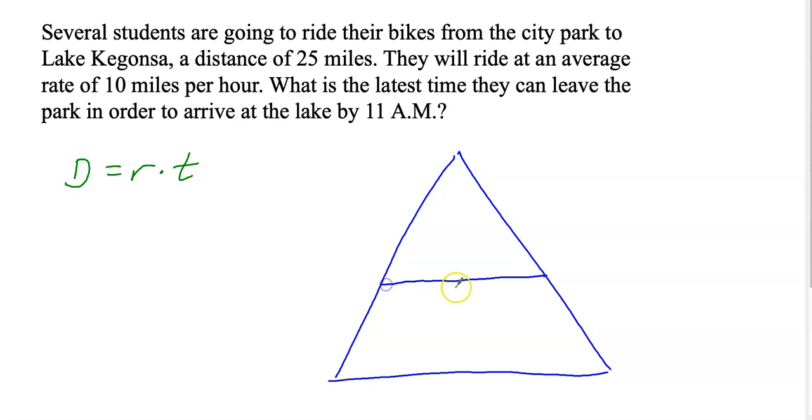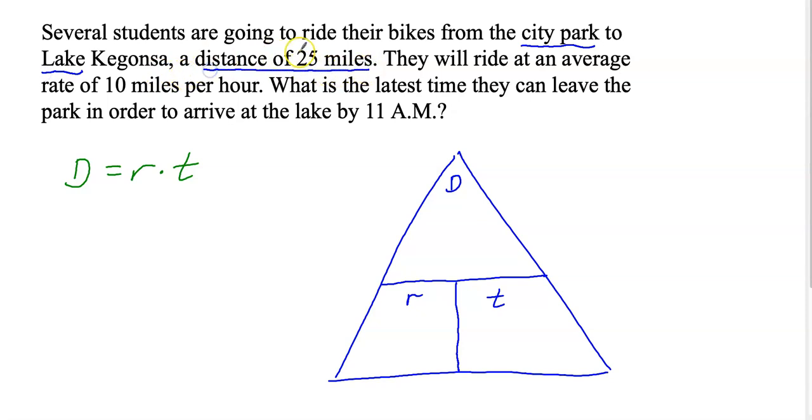Like so. D, R, T. Now it gives us some information here. It says they're traveling from the city park to the lake. And it's a distance of 25 miles right here.